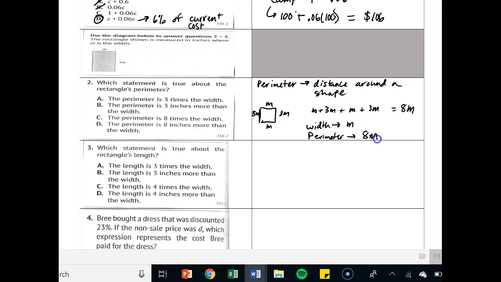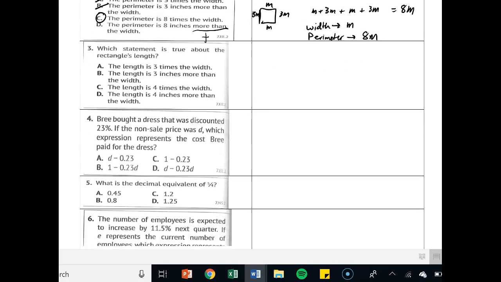So is the perimeter 3 times the width? No. Is the perimeter 3 inches more than the width? No. Is the perimeter 8 times the width? Seems like it. Or is the perimeter 8 inches more than the width? Well, more than would suggest that we're adding something in our expression. 8 times would simply just be 8 times m. So C is your correct answer, right? I'll leave you to number 3.